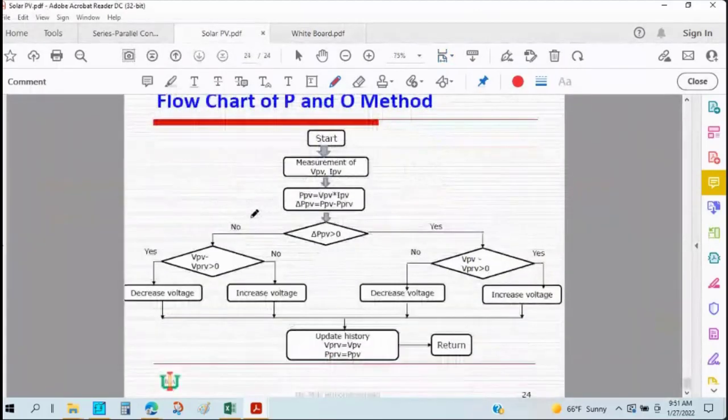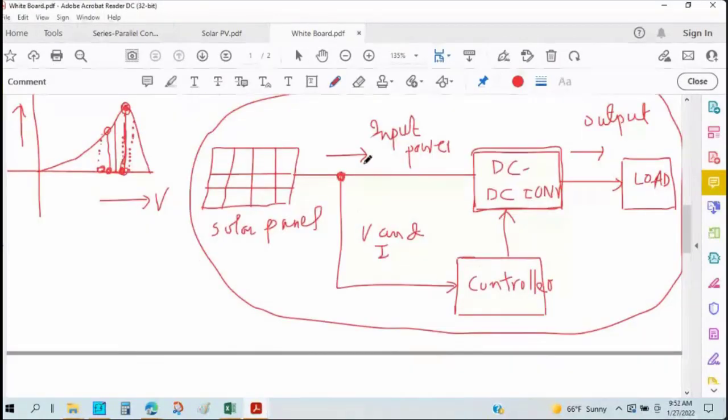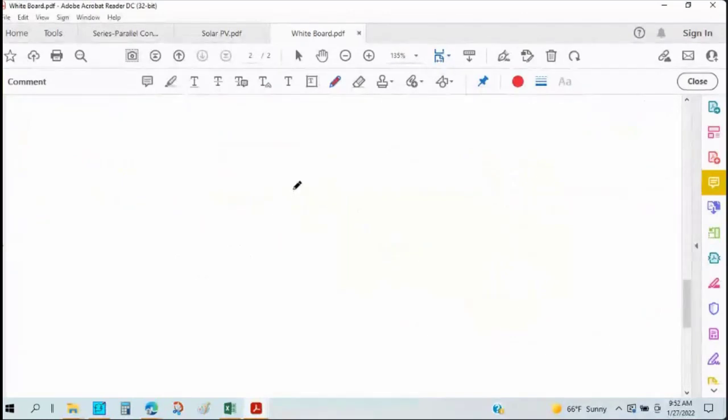Though we have talked much about solar photovoltaic and how we can extract maximum power from the solar panels, we are yet to know the equivalent circuit of a solar cell. Actually, the ideal model of a solar cell is like this one.